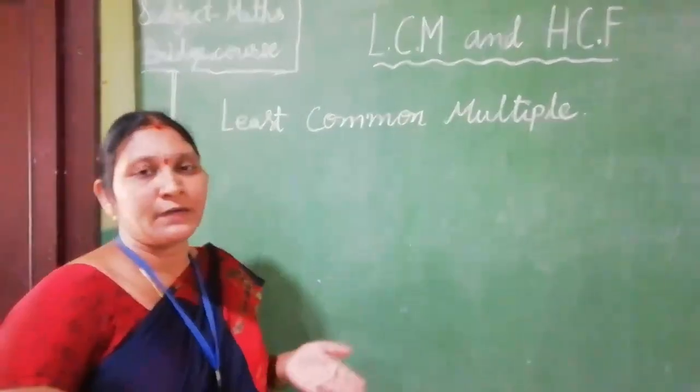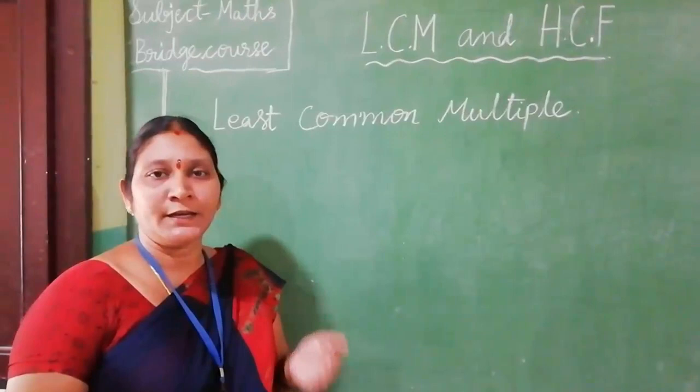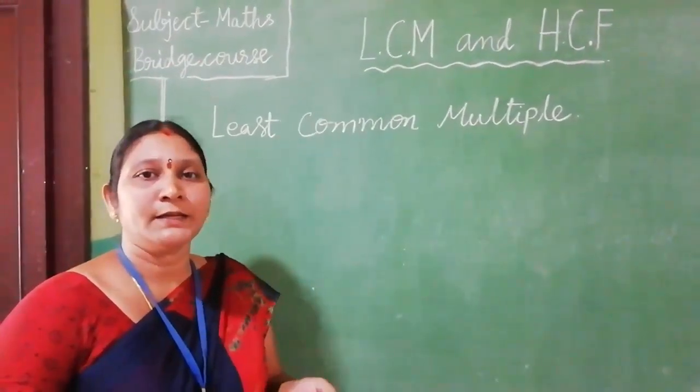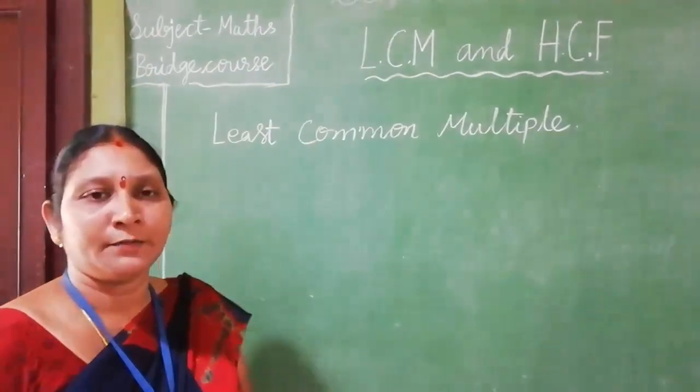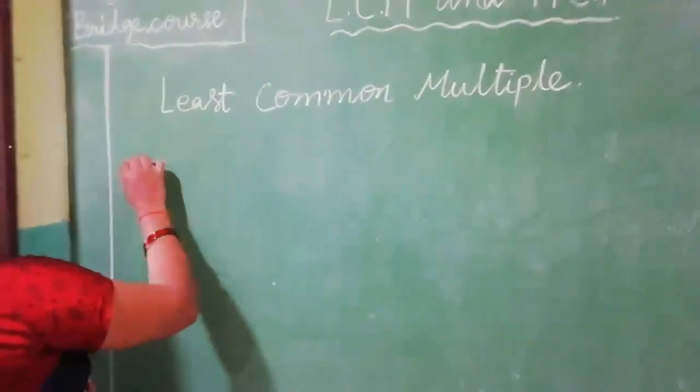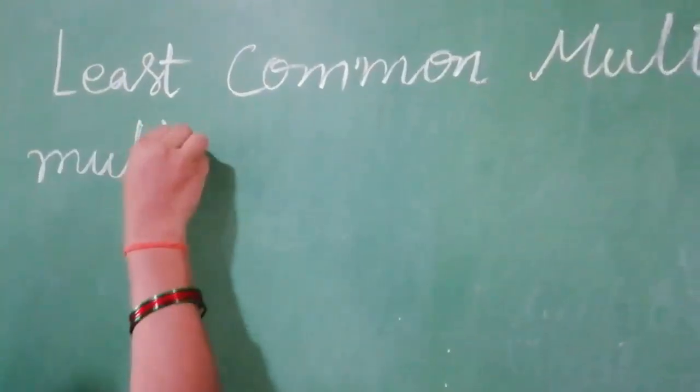Here what is a multiple? The multiples of any number are obtained by multiplying the number by 1, 2, 3, 4, the number itself. Here I wrote some of the multiples of 3.